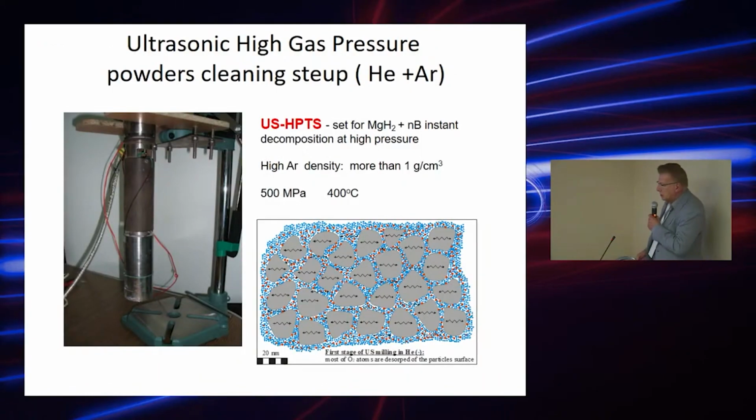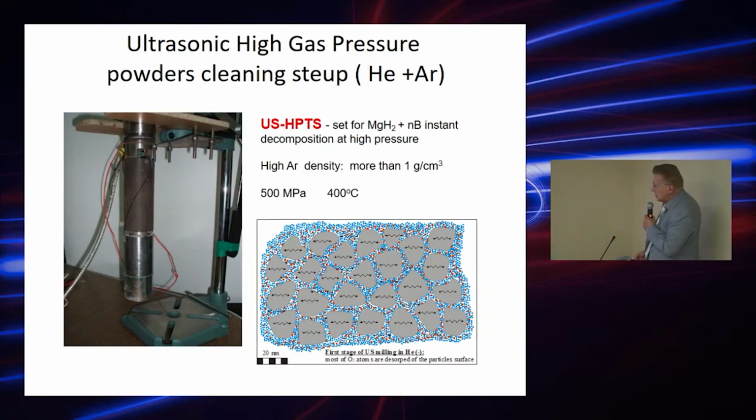The most used way to get pure nanopowders of the starting composition, starting magnesium, starting boron, is also to make decomposition of the hydrides, so MgH2 with nanoboron.